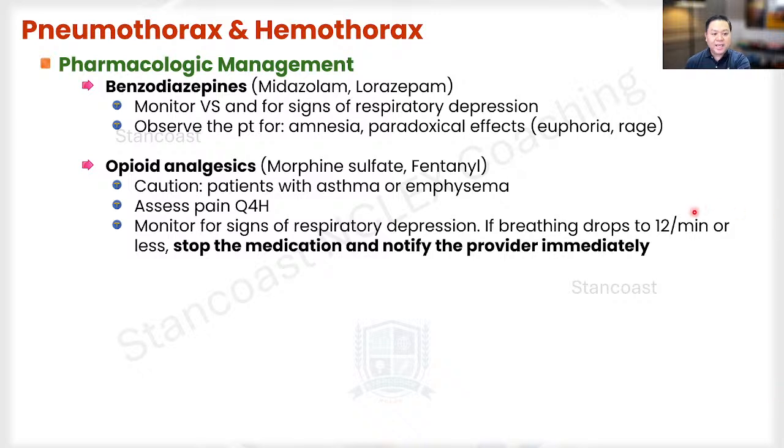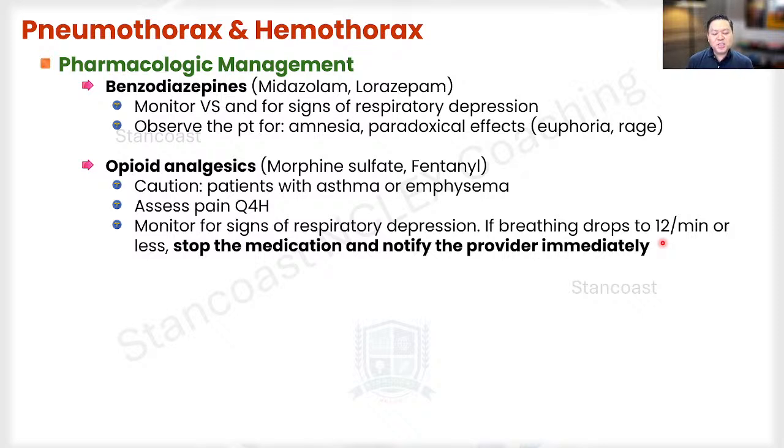All right. And so when you notice that your patient's respiratory rate drops to 12 breaths per minute, or less than that, well, that's not good. When your patient becomes bradypneic, your patient will end up with some respiratory acidosis. And we don't want that.